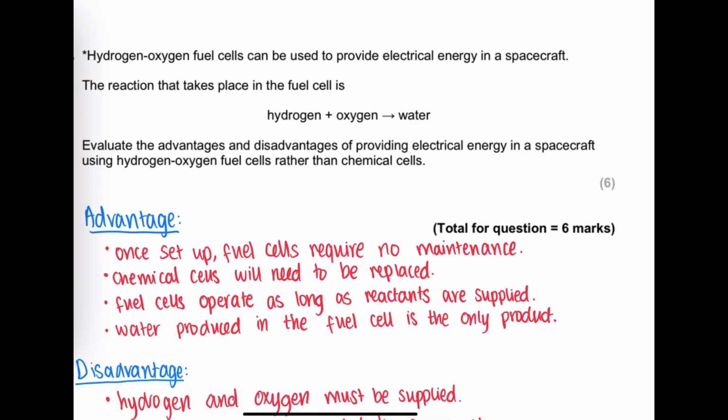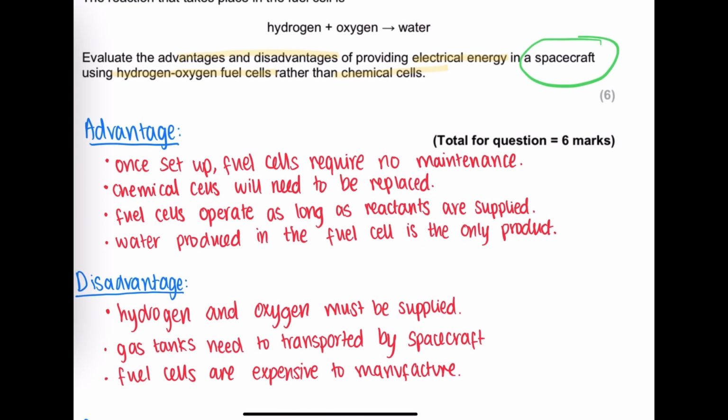Question 8. Hydrogen and oxygen fuel cells can be used to provide electrical energy in spacecraft. The reaction that takes place in the fuel cell is hydrogen plus oxygen gives water. Evaluate the advantages and the disadvantages of providing electrical energy in the spacecraft using hydrogen oxygen fuel cells rather than chemical cells. So we need to make sure that we are talking about it being in a spacecraft. There are a lot of different advantages and disadvantages.